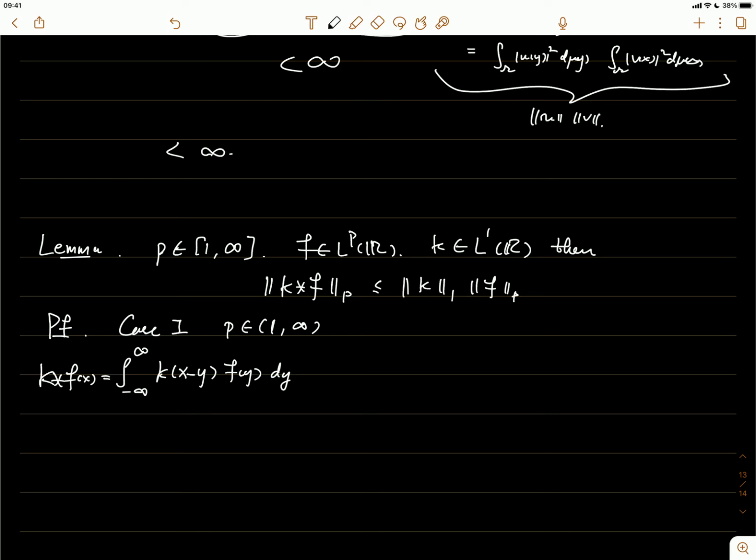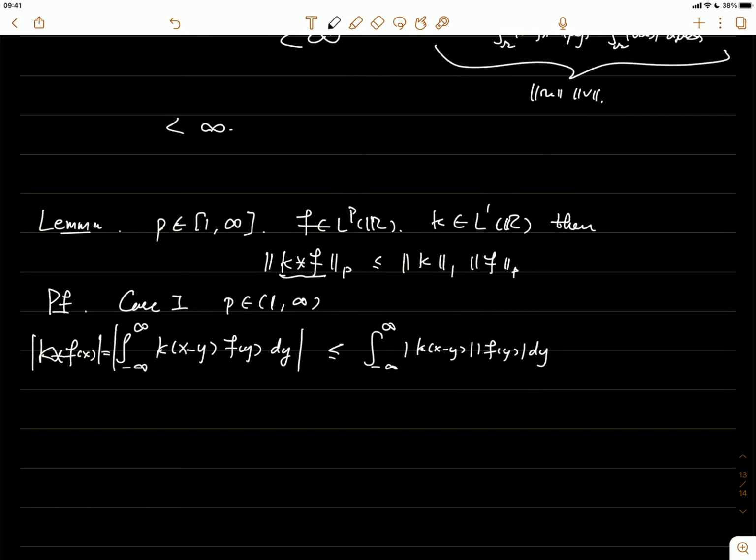Okay, just the convolution of k and f. I'm going to take the absolute value and show how it is bounded. Well, this is less than or equal to the integral of the absolute value of the integrand. Right? And now let's split the power for the k. I'm going to split it into 1 over p and 1 over q, because 1 over p plus 1 over q is equal to 1, where q is the conjugate of p.